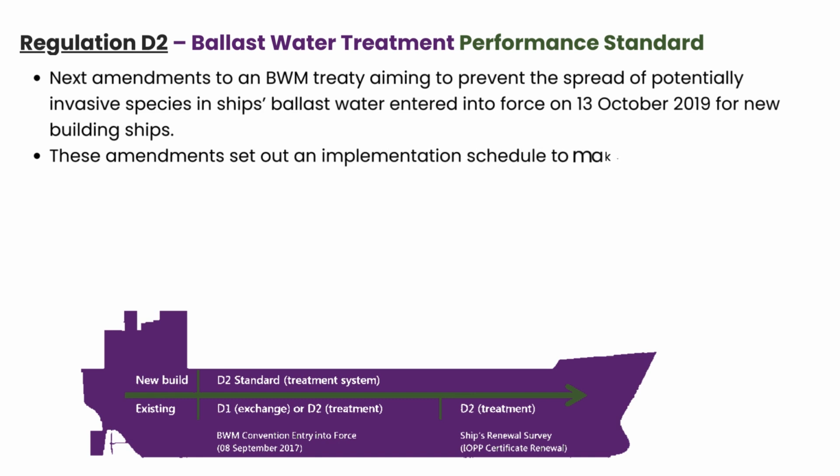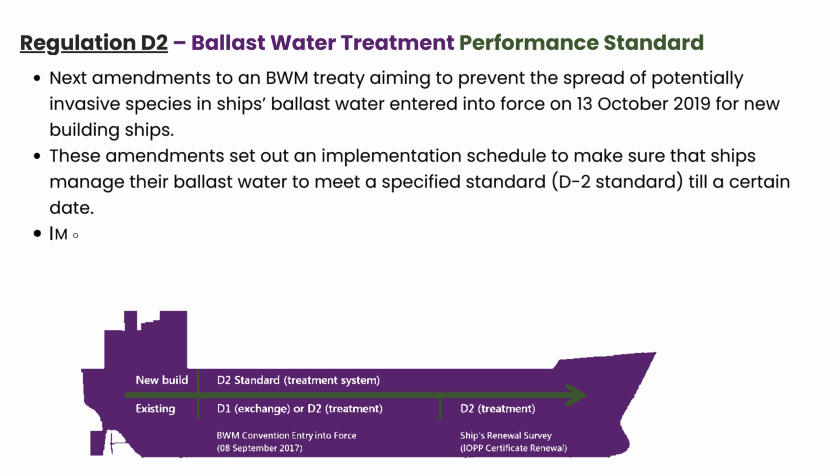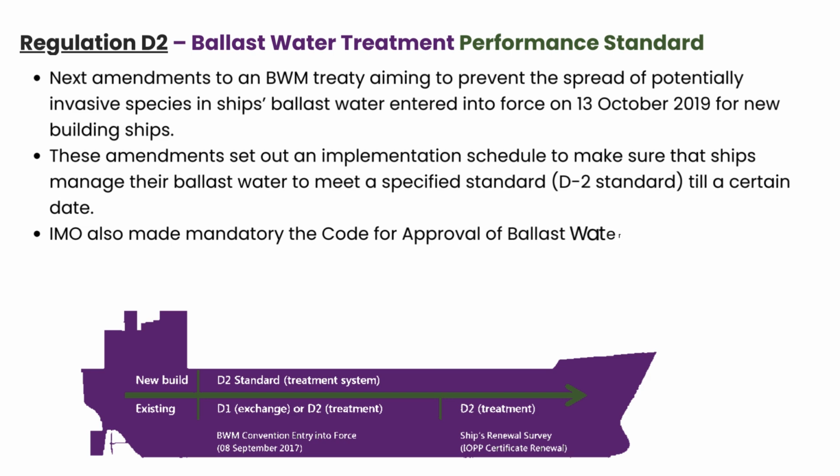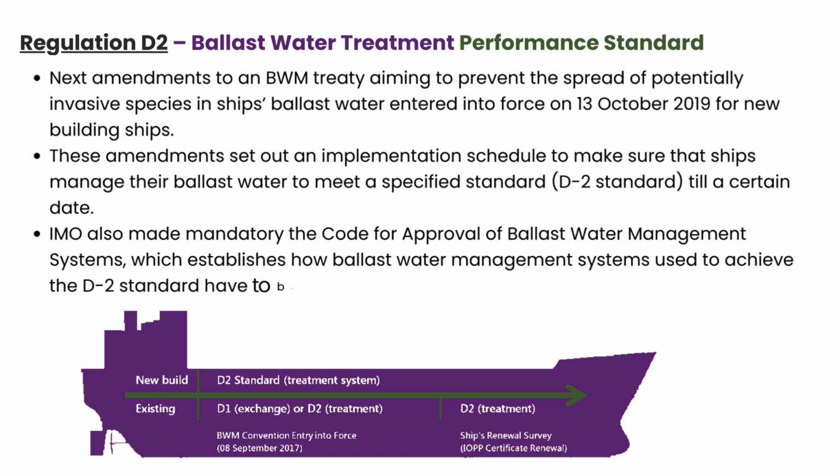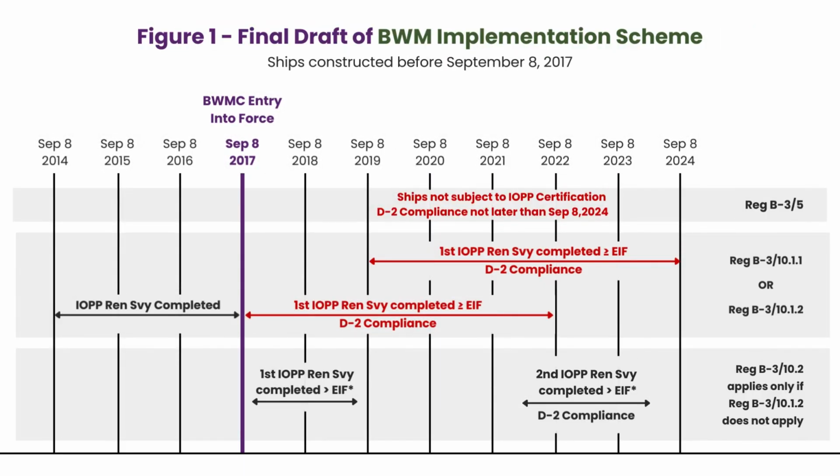Now this D2 came into force on 13th October 2019 for new building ships, and all other ships had been told that they have to start following the D2 standards, which should be finally implemented by the date shown here, 8 September 2024.